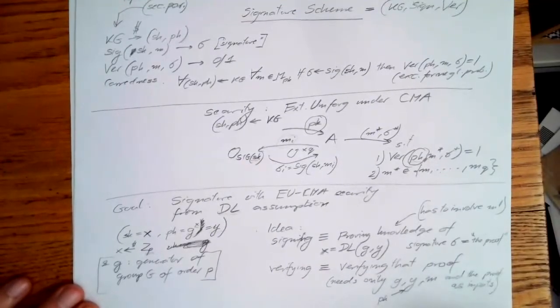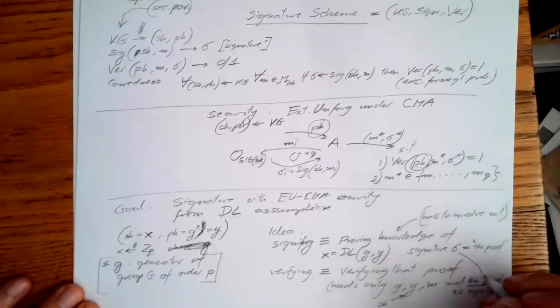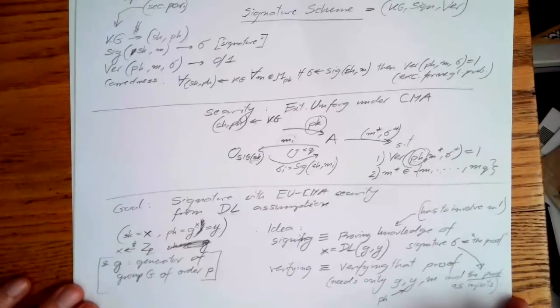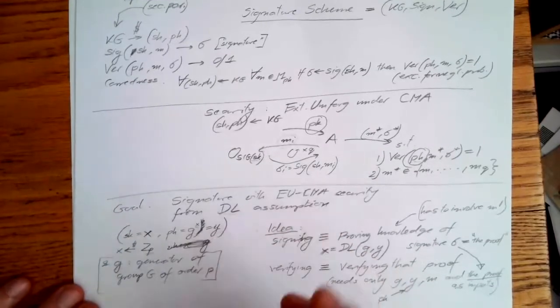Okay, and this is the sigma in the signature verification equation. So that's the top level idea, and of course we have to specify what is this thing that you can prove knowledge of something. We didn't have such a tool in our cryptography toolkit so far.